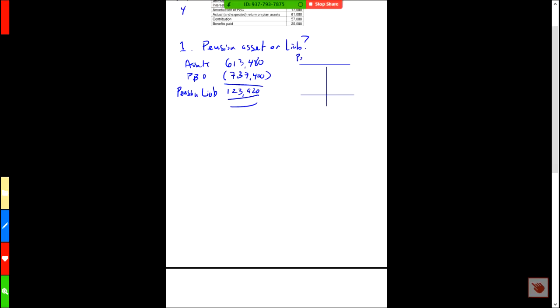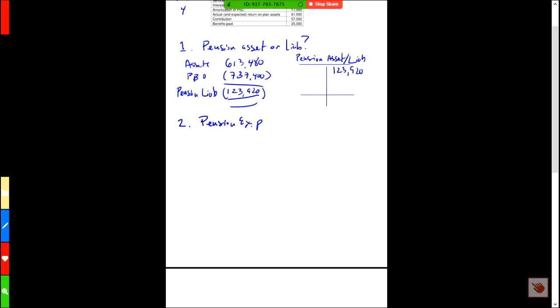So we have a pension asset/liability account. And what this is saying is we started the year with a liability of 123,920.